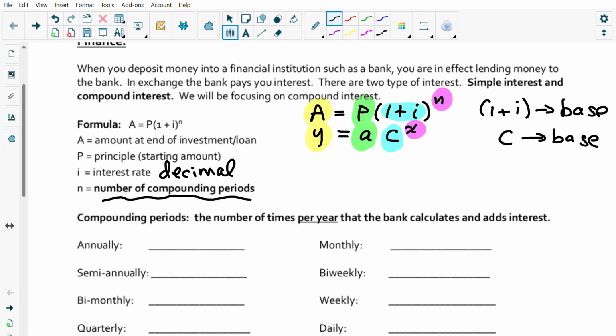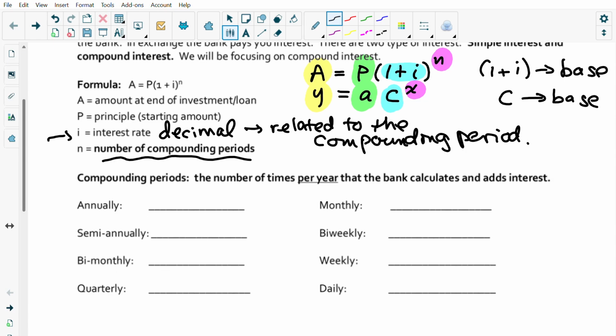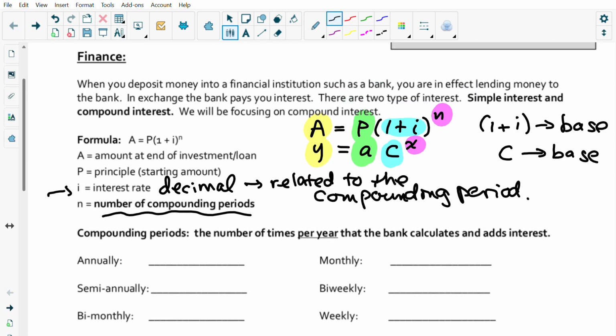Okay, compounding periods. Before we get into compounding periods, this interest rate is related to the compounding period, and we'll show you why in an example, right? This equation, if you Google it, you'll find written in a whole bunch of different ways, right?